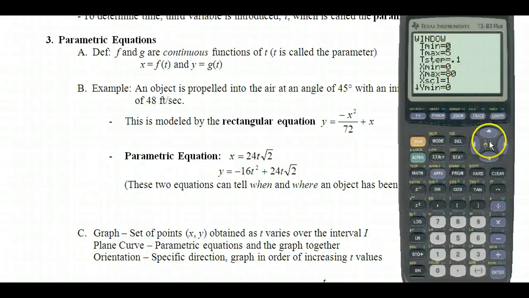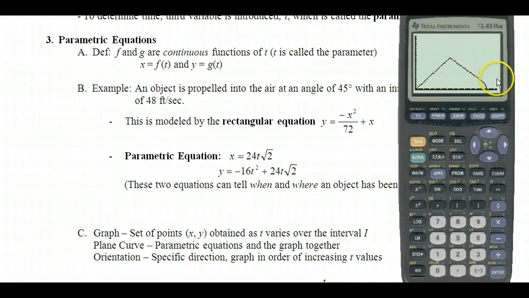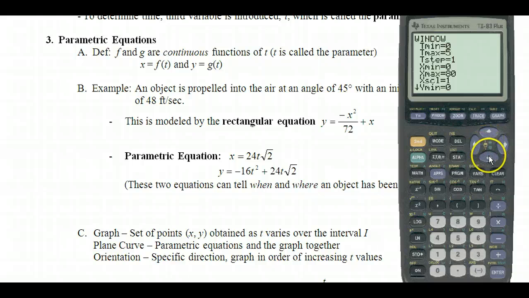What the window setting does too is if you change your t step, and let's just put in a 1 instead of the 1/10, it only calculates the new position every second. So it's going to make your graph really choppy. It's like there's 1 second, and then it starts coming down. So usually I say if you have that t step at a 1/10, you're going to be okay, and then it will put a curve to it. So one more time, and there's our graph.